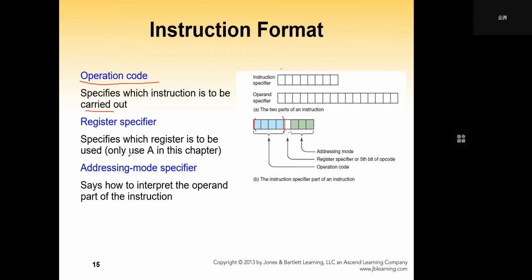For example, use the A register. In a real ALU there would be a lot of registers, but here we just use the A register in this chapter. Anyway, it is a register specifier for which register is to be used. And then the addressing mode says how to interpret the operand part of the instruction: it is directly the operand, or the address of the operand.